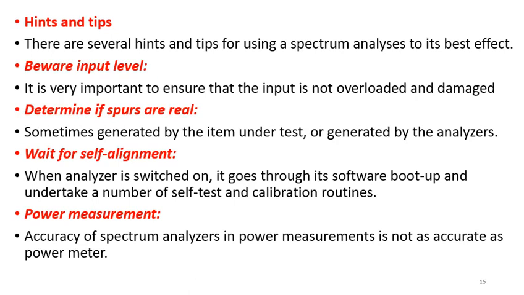Then sometimes when you are taking a measurement, you observe that some spurs, that is some distortion in the waveform, exist. You need to find out whether those distortions come from the equipment you are testing or are generated by your spectrum analyzer. If they are generated by the spectrum analyzer, you have to quickly stop the measurement and take corrective measures. If not, problems will happen.